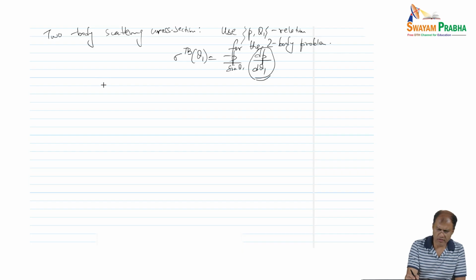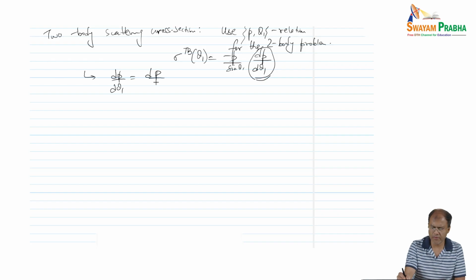Notice that dp d theta 1, using the chain rule, can be written in the zero momentum frame as dp d psi times d psi d theta 1, psi being the scattering angle.